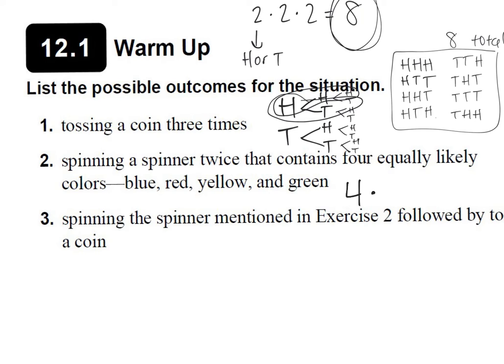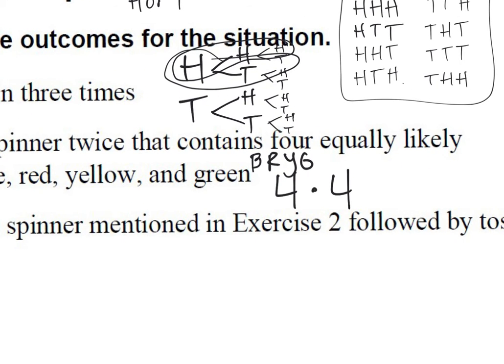So we take 4 and we multiply it by 4. Because there's 4 possibilities each time, right? So there's 4 colors, right? There's blue, red, yellow, or green. You guys agree? The second time you spin, how many colors are there? Blue, red, yellow, and green. Do you guys see that? What's 4 times 4? 16. So there's 16 possible outcomes, okay?